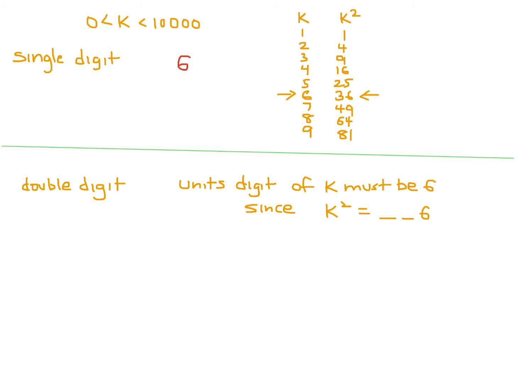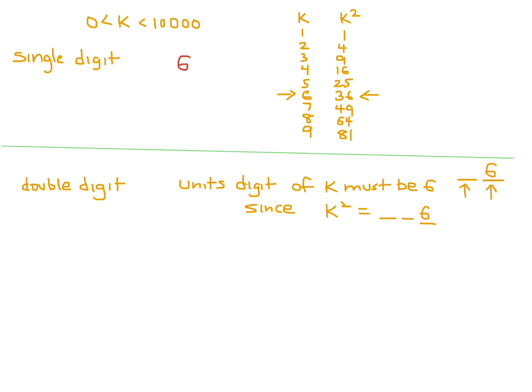And therefore, when I have a double-digit number, whatever it is, followed by 6, when I square this number, the last digit will be 6, right? Because 6 multiplied by itself is 36, and that means the last digit is 6. And that's the only digit that can go in this column. So now what we have to do is figure out what number goes there.